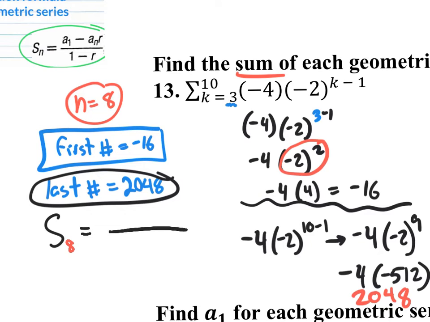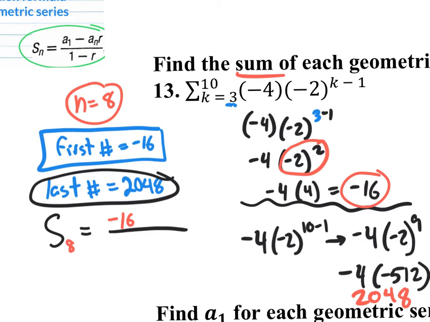And up on the numerator, we have A sub 1, which we said was negative 16. And we figured that out by simply plugging in this first input that they want us to do. Plugged it in, worked it out. We got a negative 16. And then we have minus A sub n, the last number on our list, which would be plugging in a 10, and we got 2048 for that. So let's write that 2048 with the minus sign first, right?